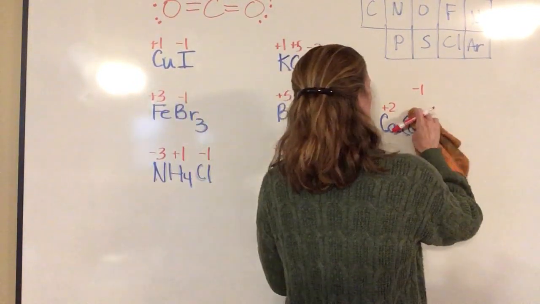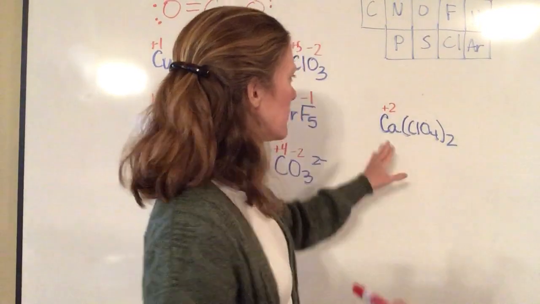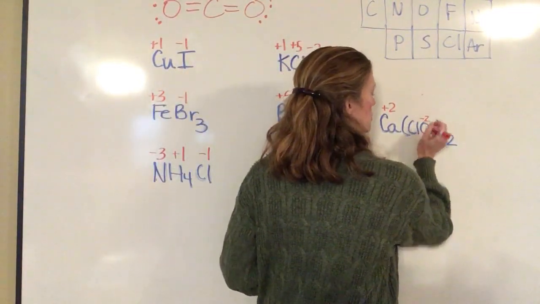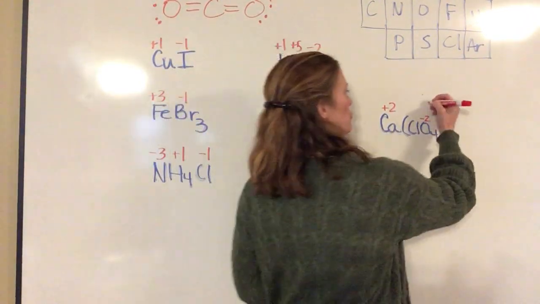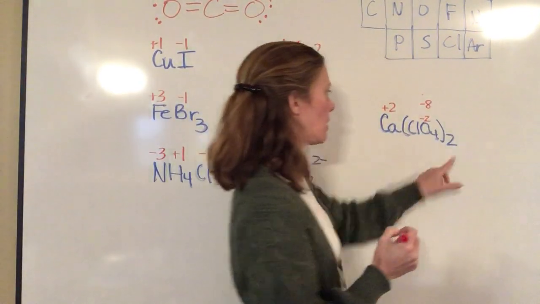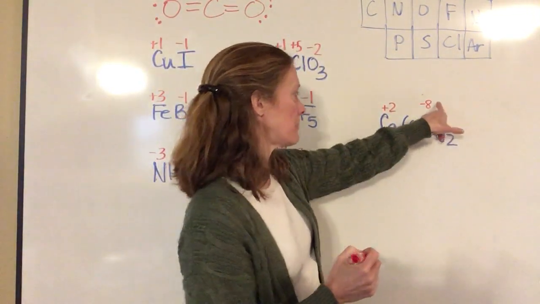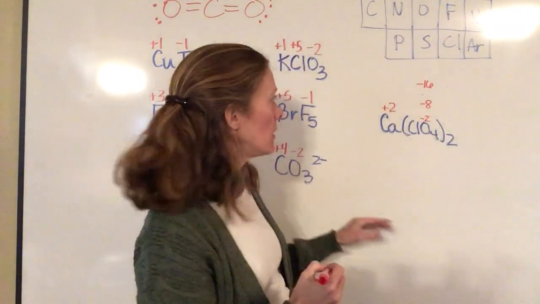Another way to think about it would be like this. If I know that the calcium is a +2 and the oxygen is a -2, 4 times -2 gives me a -8. But I have 2 of them, and so 2 times the -8 would give me a -16.